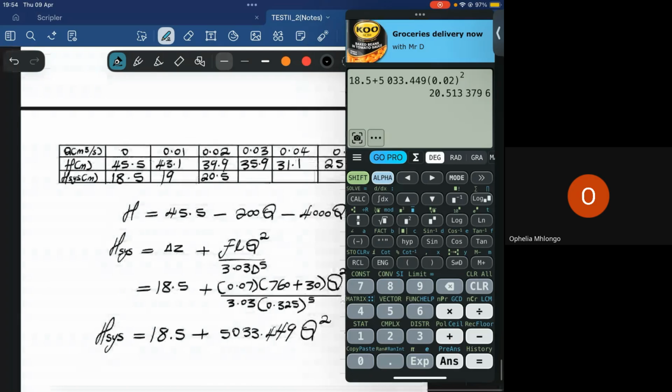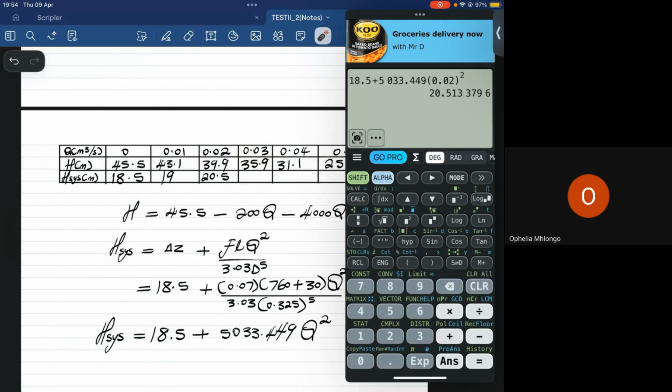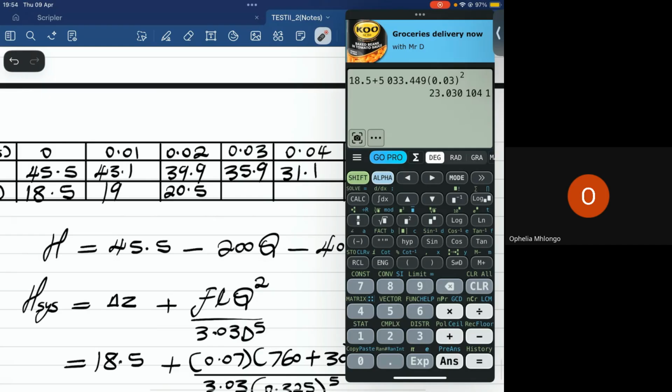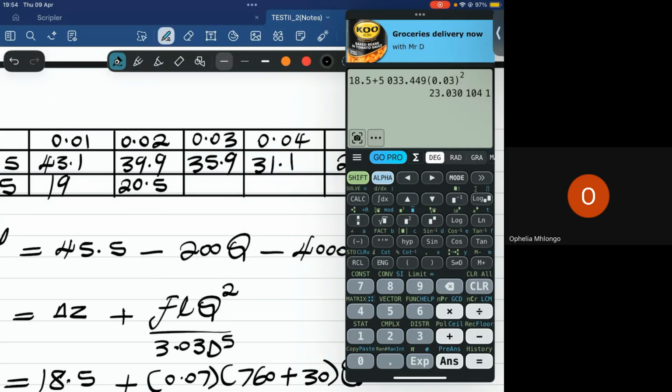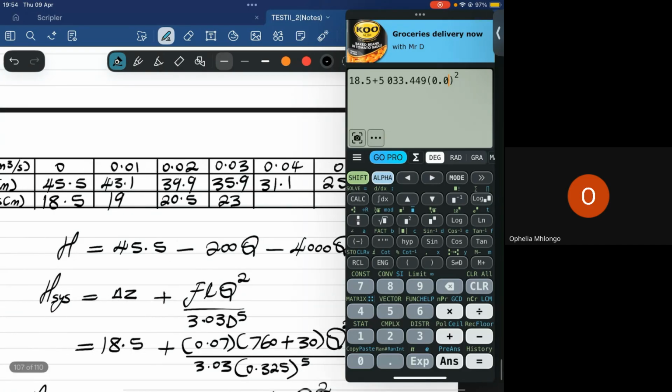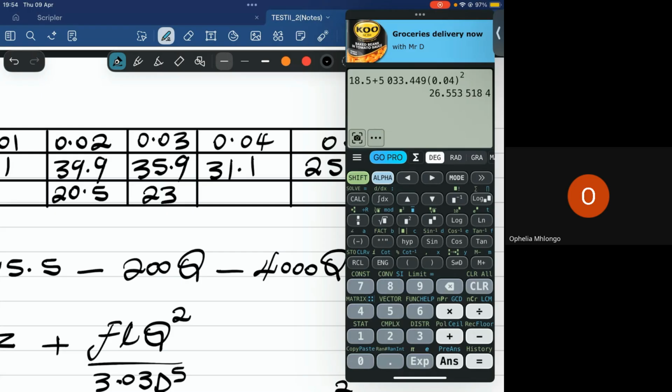And then the fourth volumetric flow rate is equal to 0.03. So that is equal to actually 23. And then this is followed by volumetric flow rate 0.04, which is equal to 26.55.